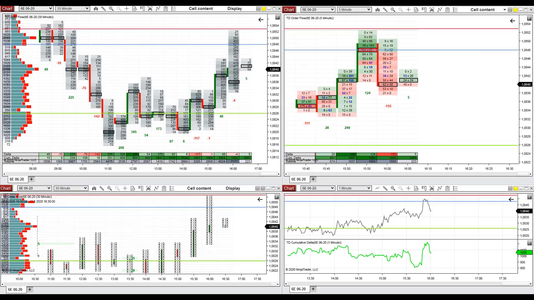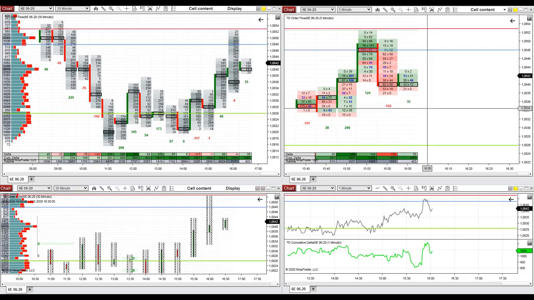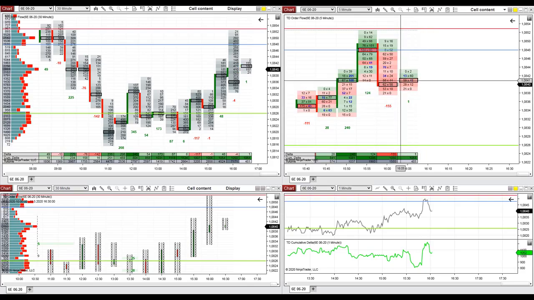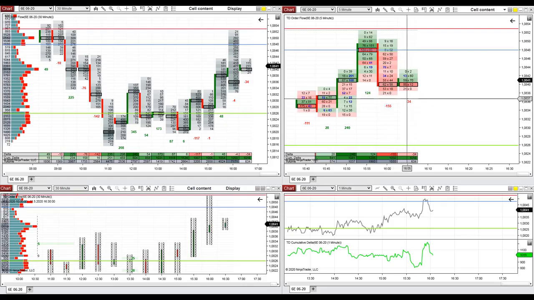I'll speed it up a bit. No sign of buyers. Delta is around 0, but there's no sign of aggressive buyers. More sellers jumping in. Delta turns negative.